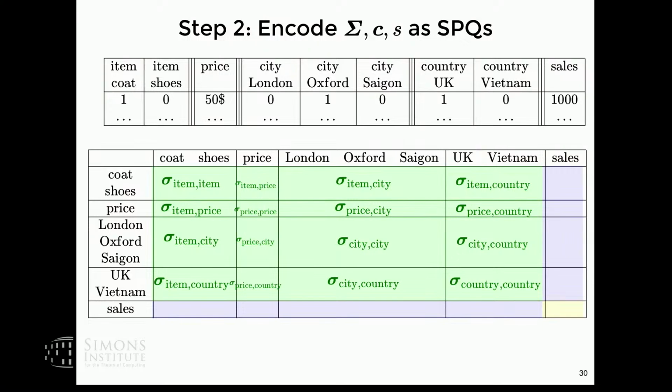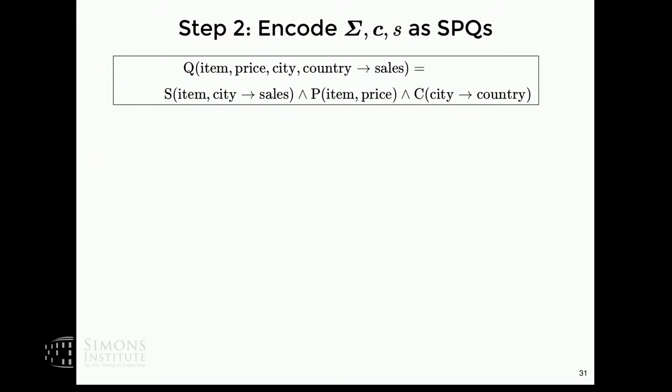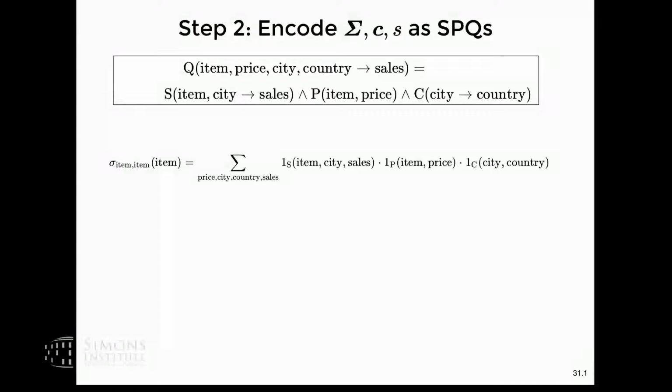So how are we going to encode these as sum product queries? Remember that this is basically our query, our join query that computes Q. Sigma item is a diagonal matrix. It is enough for us to compute only the diagonal entries. We don't have to compute the full matrix.